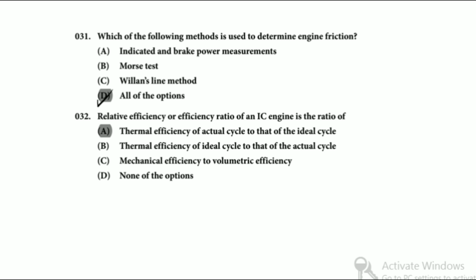So here if I want to write down, then efficiency relative is equals to efficiency actual divided by efficiency ideal, right? So that should be the equation to find the relative efficiency. So A should be the answer.